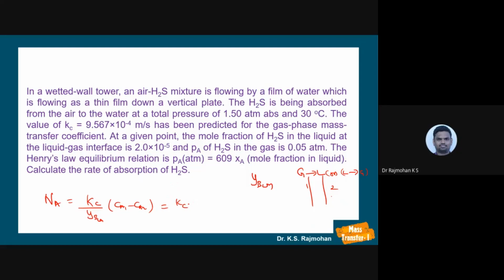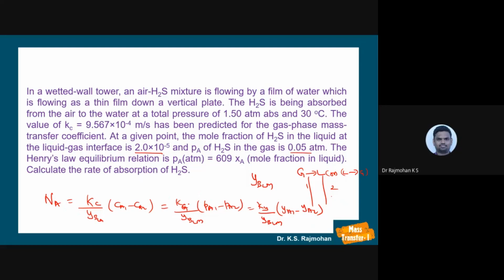We can write Kg by Yb logarithmic mean into Pa1 minus Pa2, or you can write it in terms of Ky, Ya1 minus Ya2.